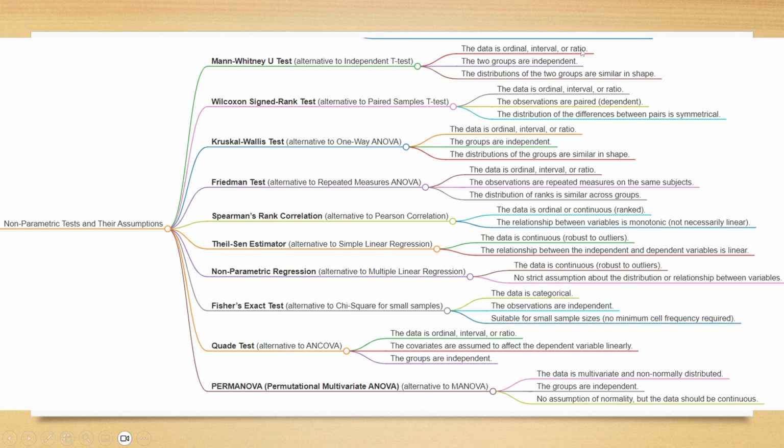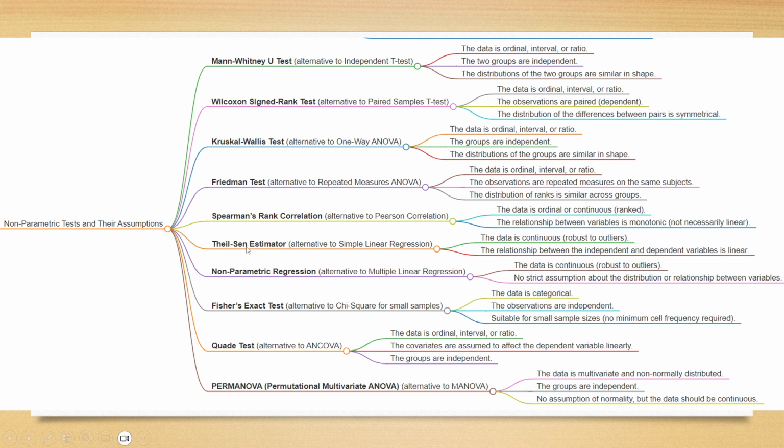Sometimes when we collect data, our data may not be normally distributed, or although it is interval or ratio scale, there are lots of outliers. For this reason we have to go for non-parametric tests like Mann-Whitney test, Wilcoxon, Kruskal-Wallis. Similarly for other tests, we have to go for them when our data is not normally distributed, or is in ordinal or nominal scale.